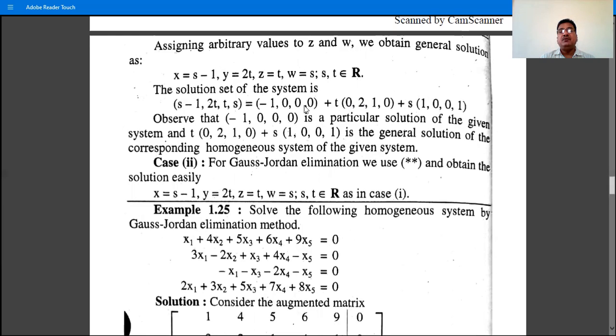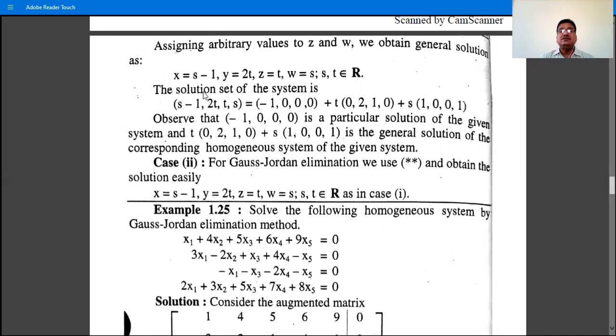So from the general solution of the non-homogeneous system, we can find a particular solution and the solution of the associated homogeneous system. Suppose the exam is objective, then this is a question for 2 marks.